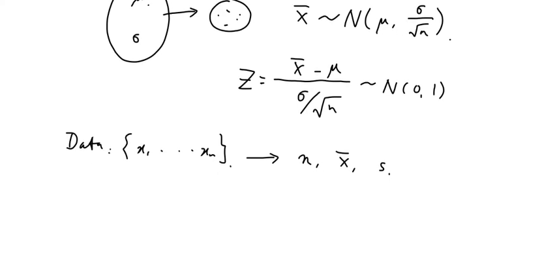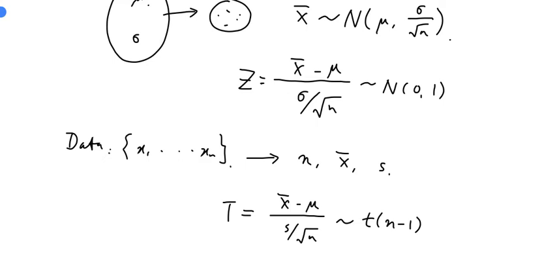If we replace sigma by s, this will follow a t distribution with degrees of freedom n minus 1.